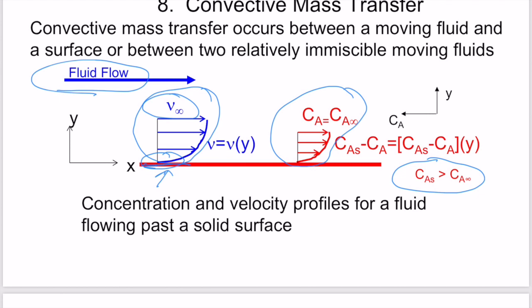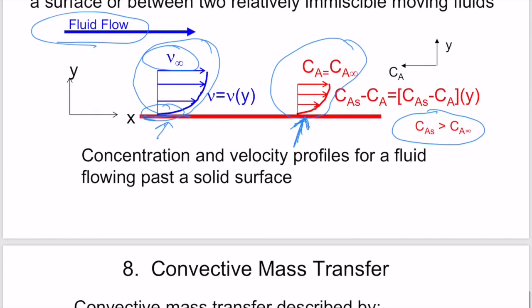In this case, what we're seeing is the concentration at infinity is greater than the concentration at the surface. So it's a little bit backwards, but it's basically the same shape of equation. But you can see that the concentration does change with elevation away from the plate.